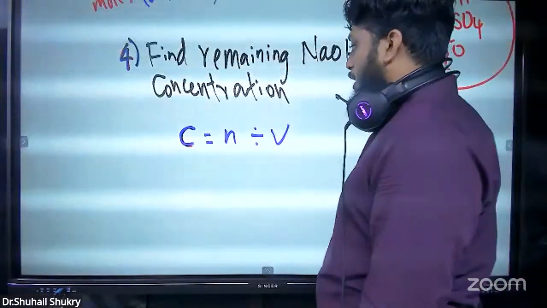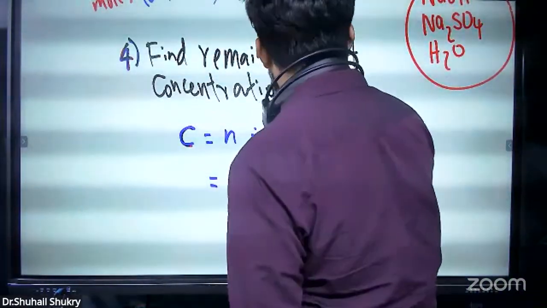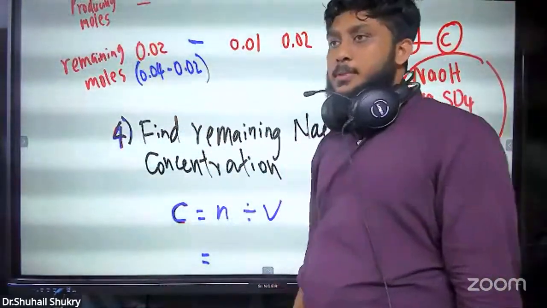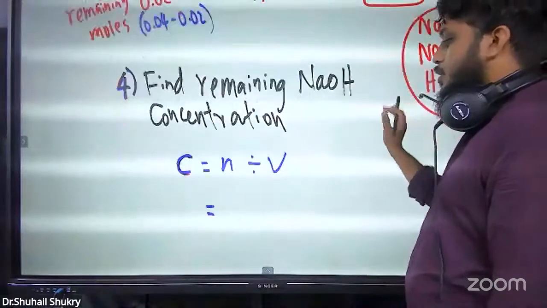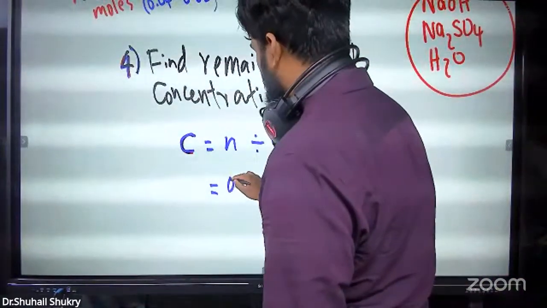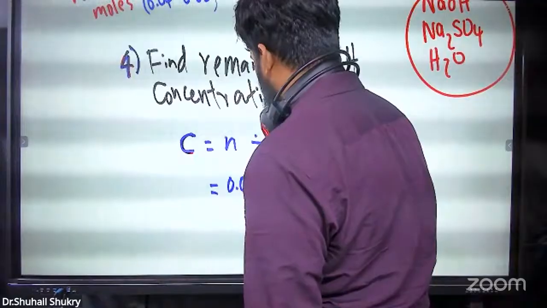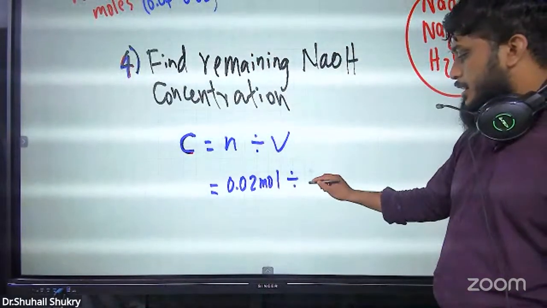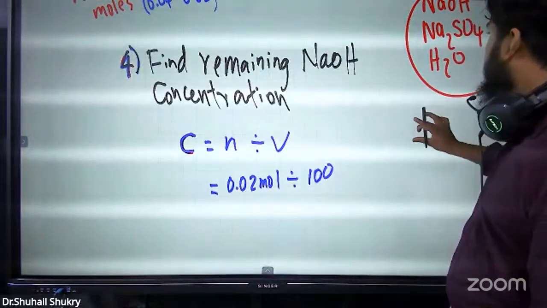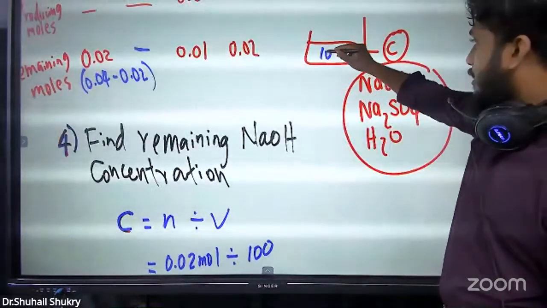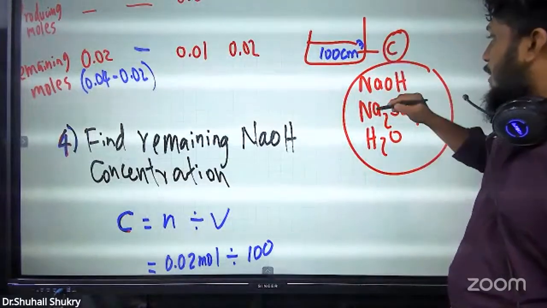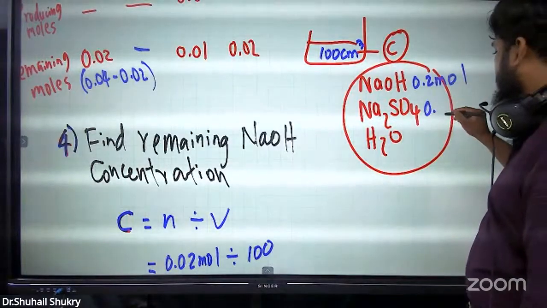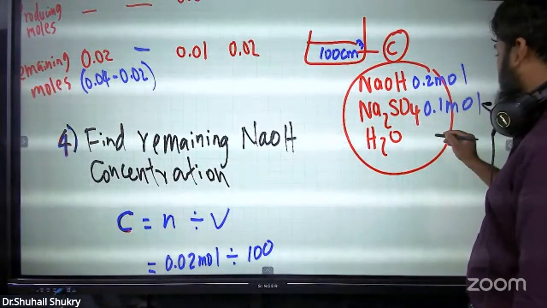So I know the remaining moles of sodium hydroxide we found here. 0.02 moles of sodium hydroxide are available here. This 0.02 moles is available in what volume? 100 cm³. Now all these things are in 100 cm³: sodium hydroxide 0.02 moles, sodium sulfate 0.01 mole, water 0.02 moles.